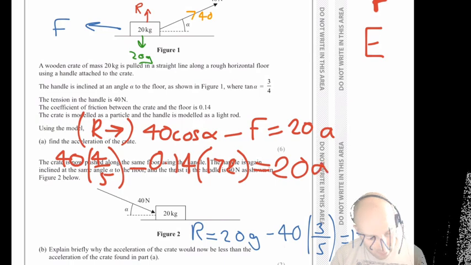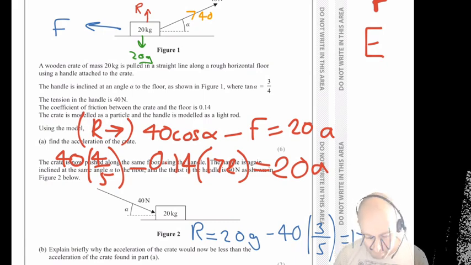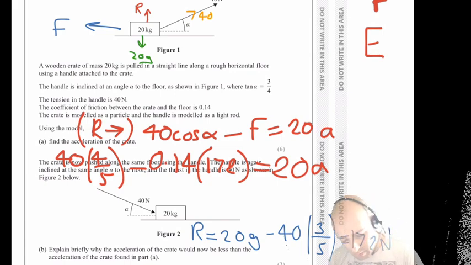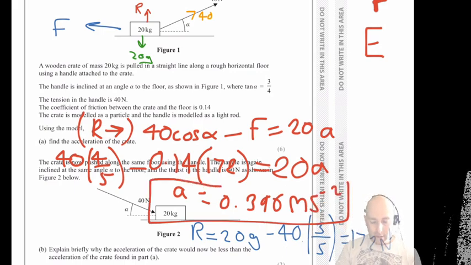That's going to equal 20A. So we can multiply this out, 40 times 4 divided by 5, take away 0.14 times 172. Gives me 7.92. And divide that by 20 to get an acceleration of 0.396 meters per second squared. So that should be your acceleration from this one.